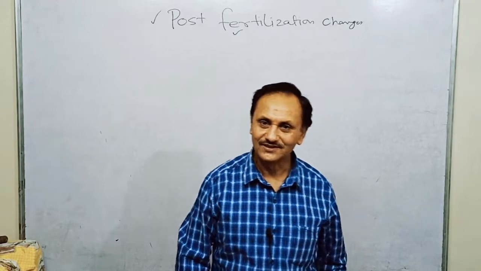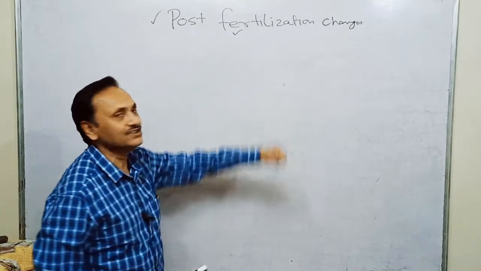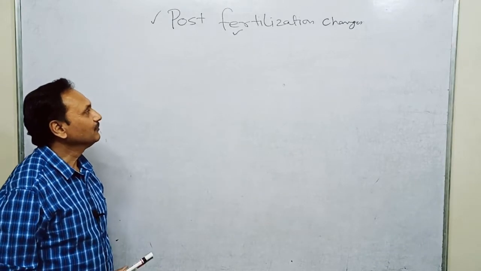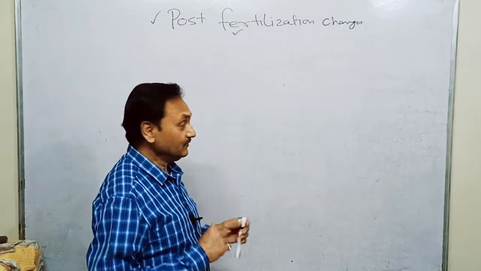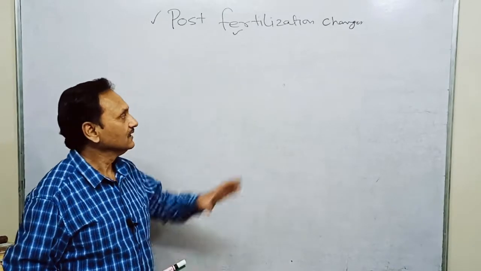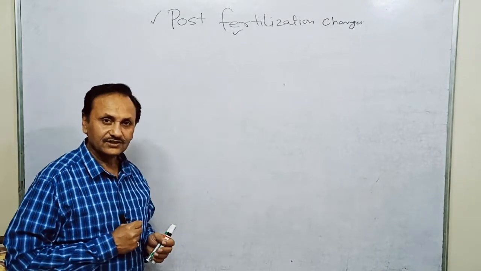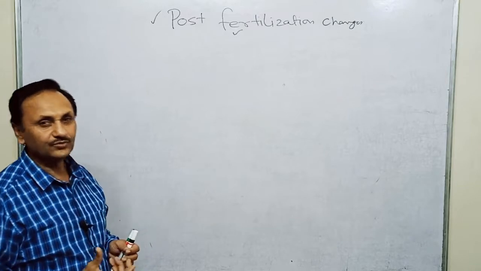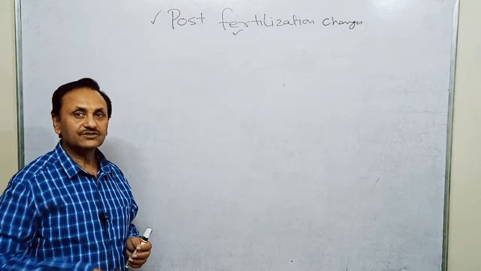Good morning, students. Today we will discuss the post-fertilization changes in the plant. In previous classes we have discussed fertilization. What happens during fertilization? After pollination, there is a pollen-pistil interaction, the formation of the pollen tube, and the movement of both nuclei inside the pollen tube.